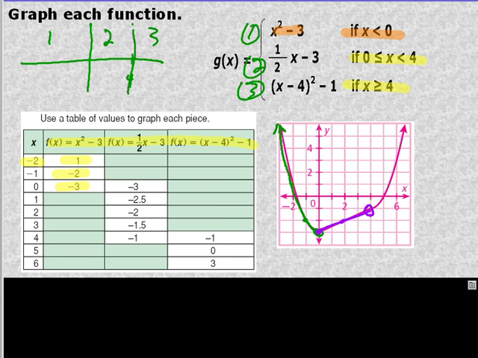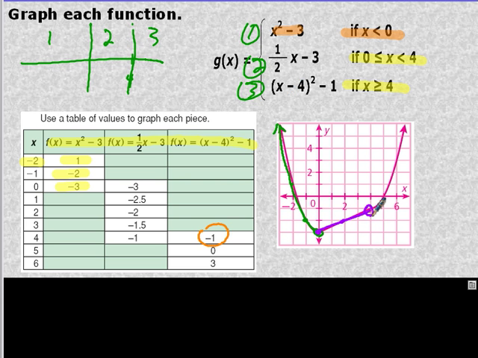again, this is quadratic. So we don't want to start evaluating it until it's valid. So the first point we're going to start evaluating is when x is equal to 4, which is here. When this is 4, it's going to be 4 minus 4 is 0, minus 1, so it's going to be -1, again.